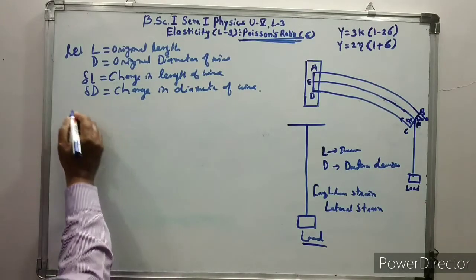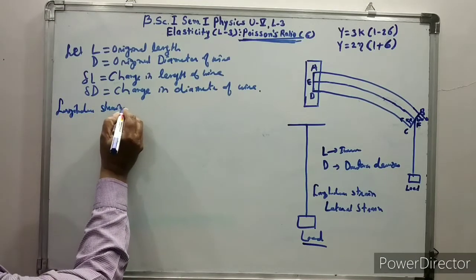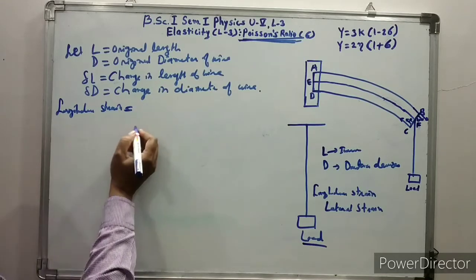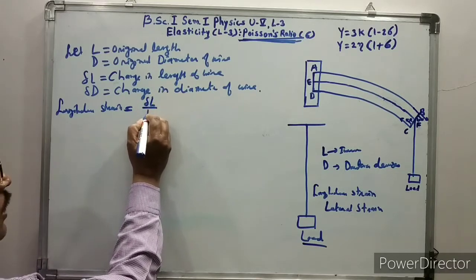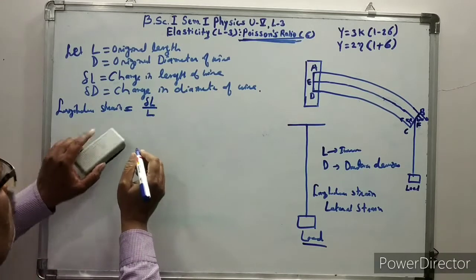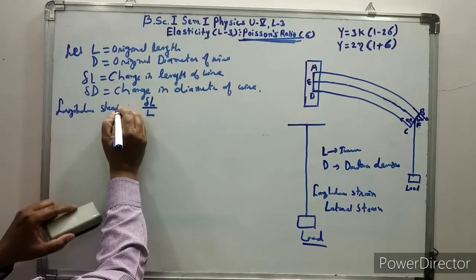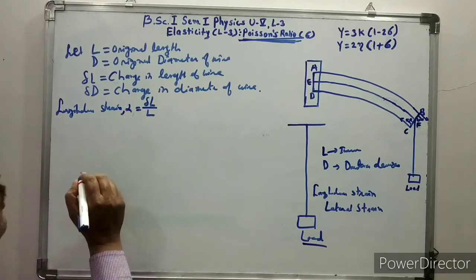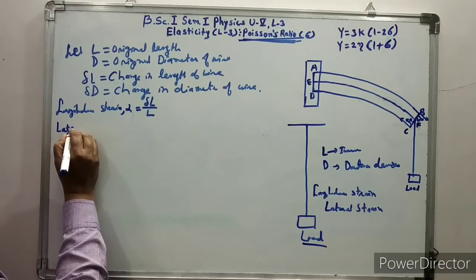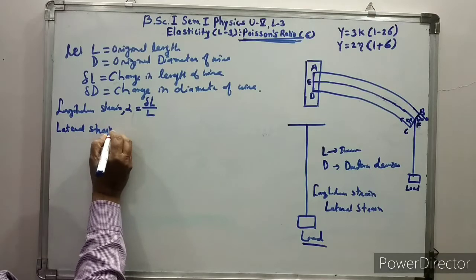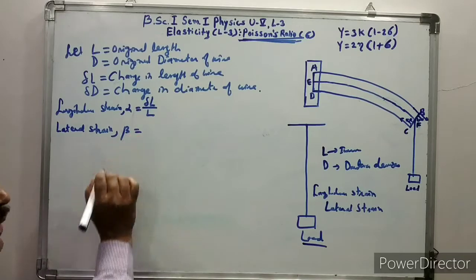Then longitudinal strain is equal to the change in length divided by original length, that is delta L by L, and it is denoted by alpha, equal to delta L by L. And lateral strain beta is equal to the change in diameter divided by original diameter.